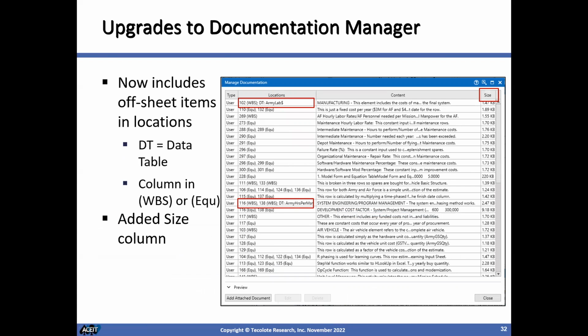The other thing that we've added is a size column that can help people understand the size of the documentation and how it's contributing to the size of the overall ACE file. If you've dealt with very large ACE files before, often there's one or two documentation elements that people don't realize are really contributing to the size of the file. So this is intended to help with that.